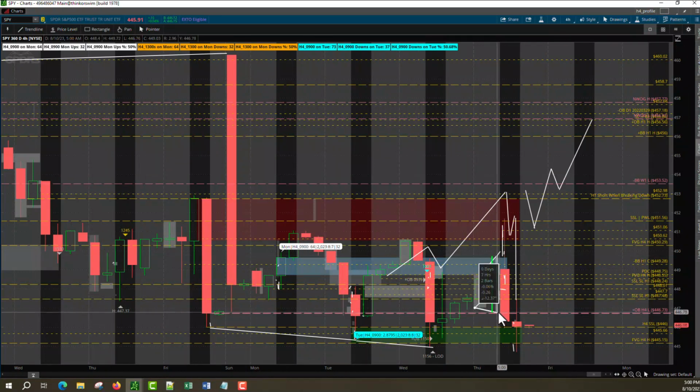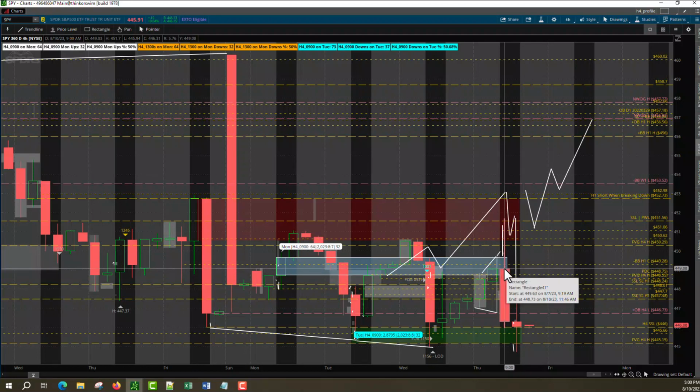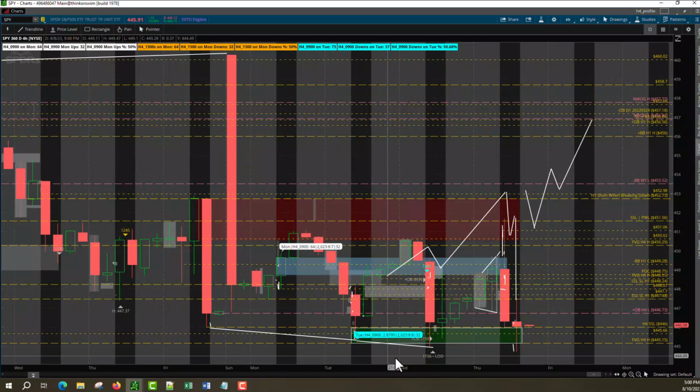Okay, so before we go to here, right at 9:30 right here, we see that the sell side liquidity is swept around 1, 2, and we see that the buy side liquidity were trapped right there. You see that? That's what we mean by trapping.